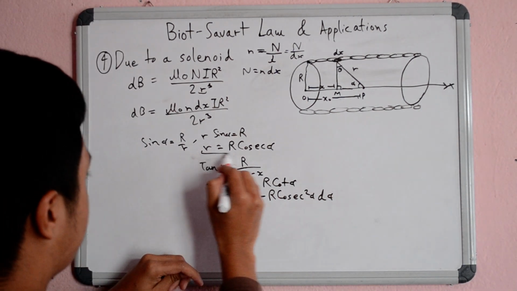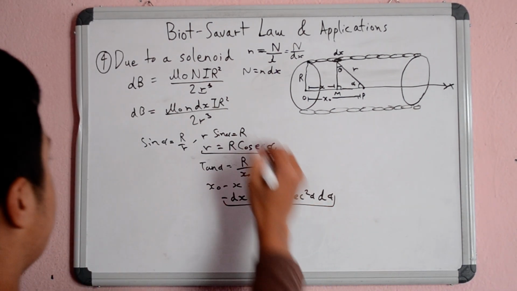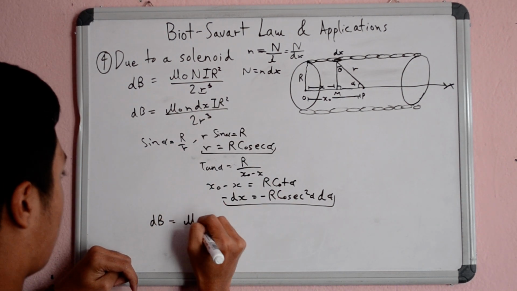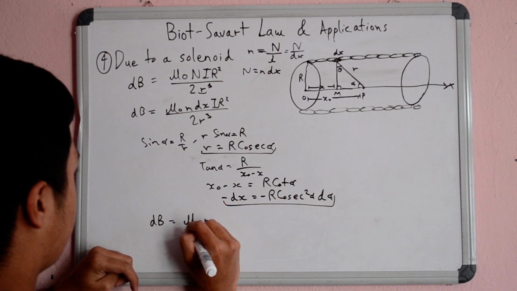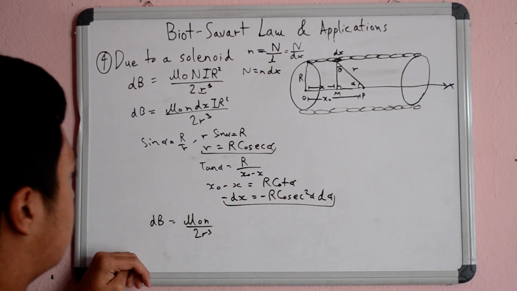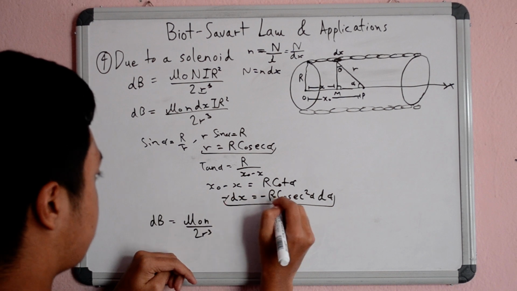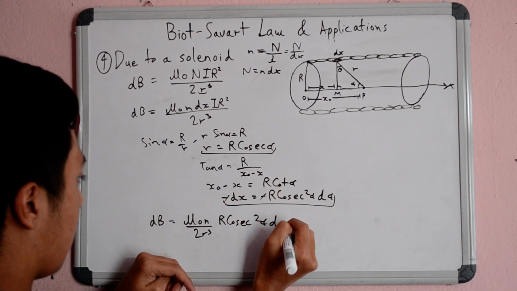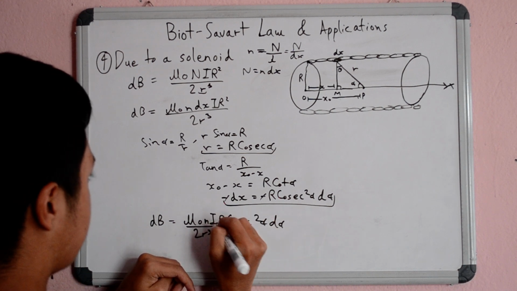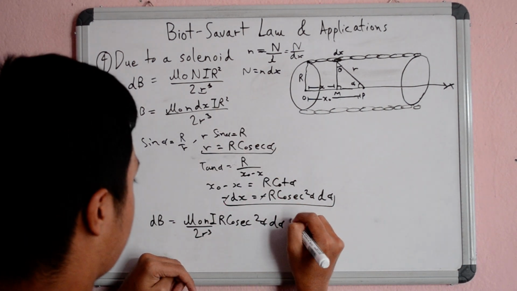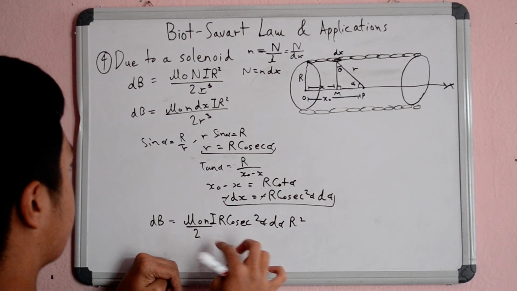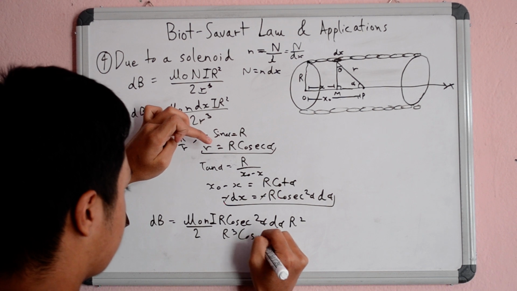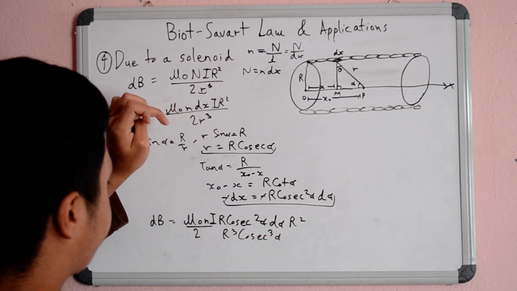Now let's put r and dx in this equation right here. So we get dB is equal to mu naught n I by 2r cube. So we have our dx, this minus minus cancels, of course, r cosec square alpha d alpha, and I write I here as well, r square, oh wait, r cube, meaning this is r cube cosec cube alpha.